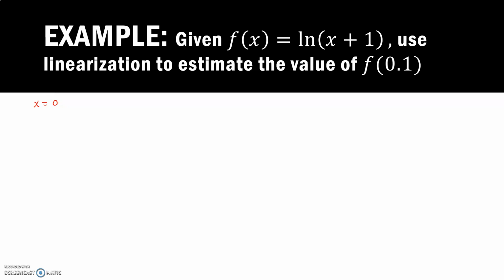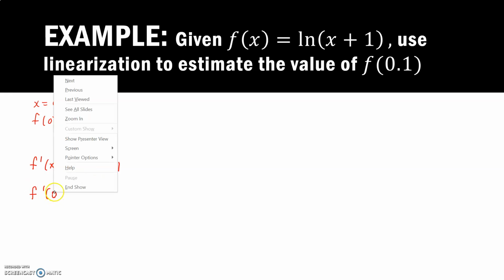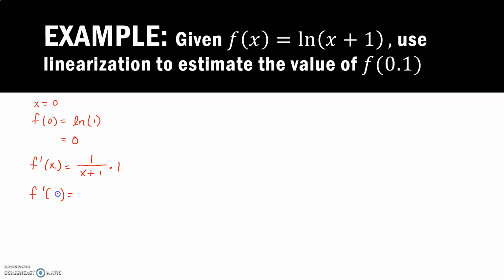I need an x-coordinate, I need a y-coordinate, natural log of 1 is 0, and I need a slope. So that'd be 1 over x plus 1 times the derivative of x plus 1, which is 1. So f prime of 0 is 1.